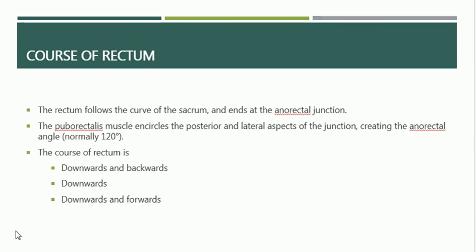So this puborectalis muscle, which is in the form of a sling, creates an angle at the anorectal junction, which I'll tell you later on has a function in the continence of fecal matter. Now the course of the rectum within the pelvis is, firstly, it goes downwards and backwards, then it goes downwards, and in the lower part, third, it goes downwards and forwards. So this is the course of the rectum in the minor pelvis.